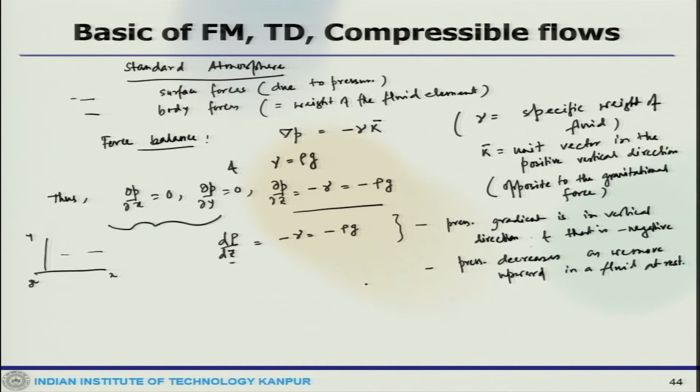Now, for the Earth's atmosphere, where the variation in heights is large, on the order of thousands of feet or kilometers, we need to pay some attention to how this variation actually occurs.